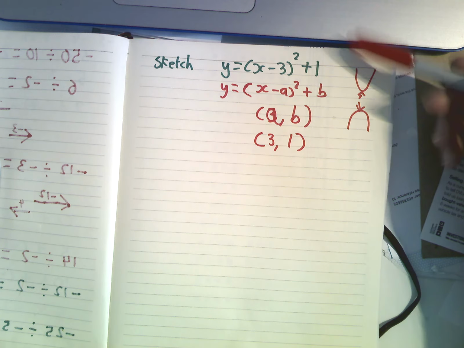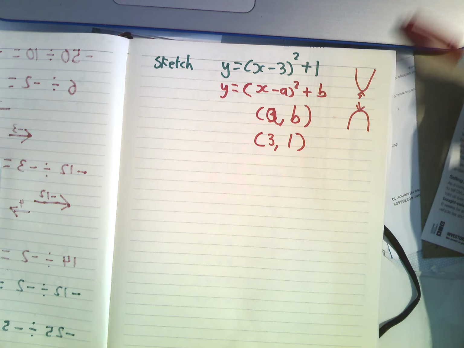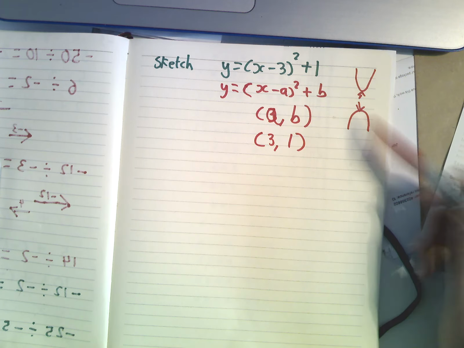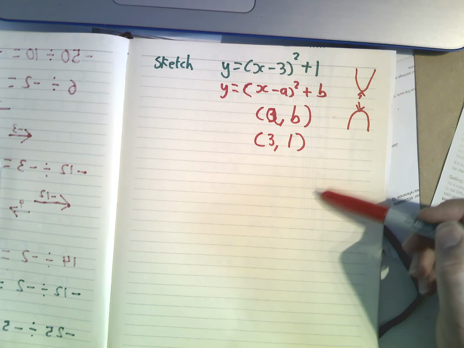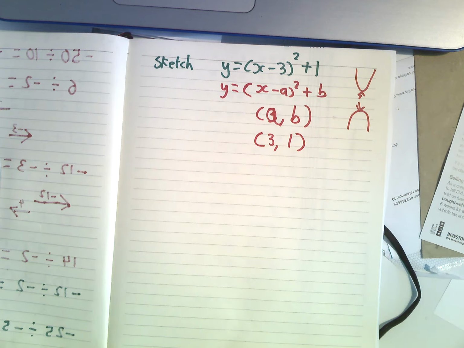It starts up way, way up here, really big. It comes down, it gets smaller and smaller, then the smallest it ever is is this point here, and then it goes back up. And again, you can imagine the opposite here. It starts very small, it comes up, and the biggest this parabola ever gets is this turning point here, the maximum turning point.